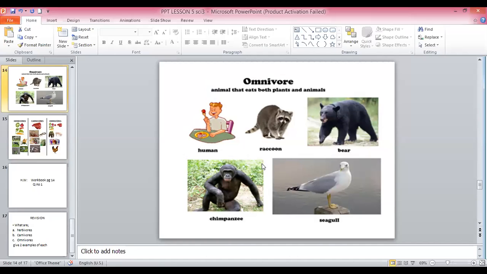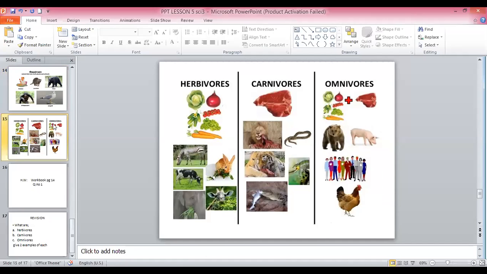So, if we look at this chart, the next one over here, the first column is for herbivores, the second one is for carnivores, and the third one is for omnivores.